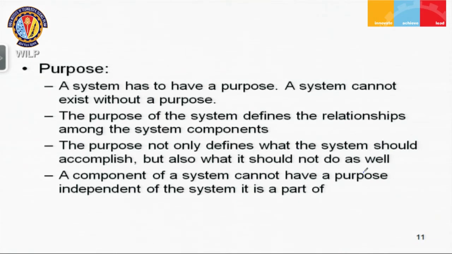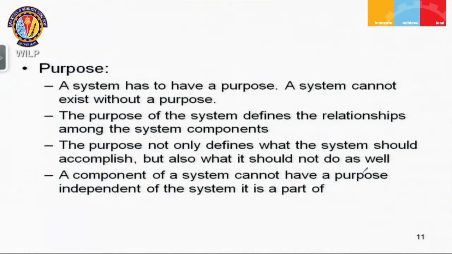So when you talk about purpose, we say that a system has to have a purpose. A system without a purpose is not really a system. It is just a collection of objects or components or subsystems.